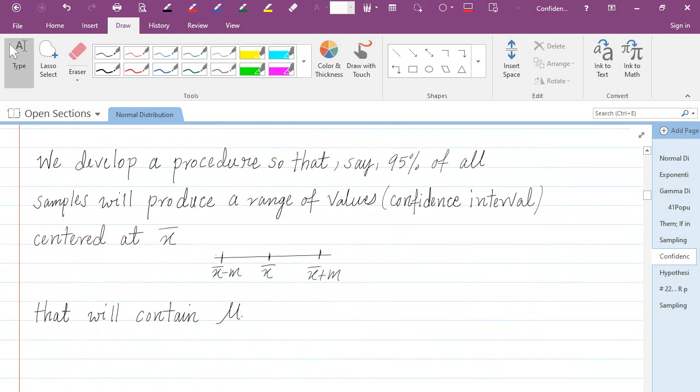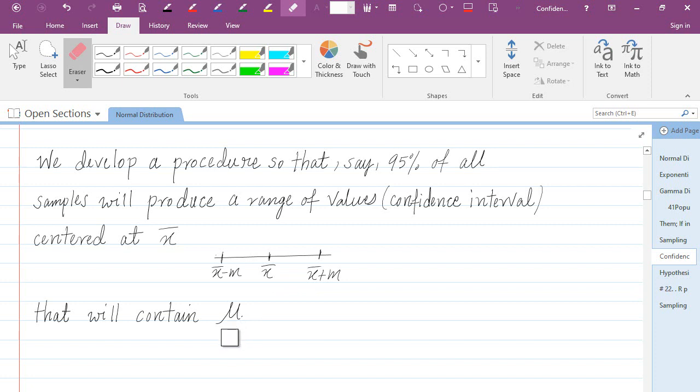We will develop a procedure to create an interval of values centered at the sample mean, so that 95% of all samples will produce such an interval that will contain the population mean mu.